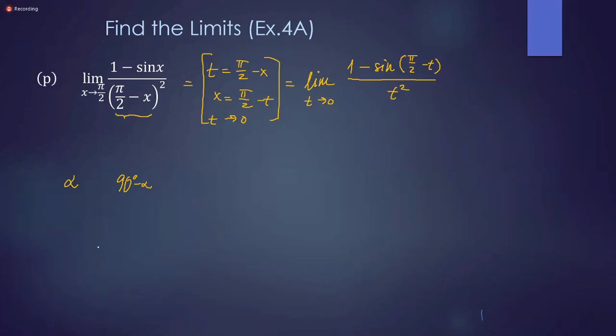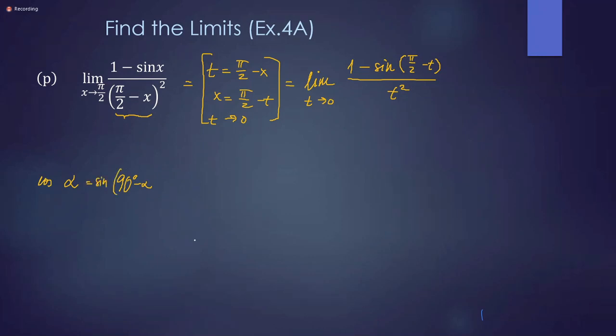I can say that cosine of angle alpha is the same as sine of the complementary angle in the triangle. And so we have 1 minus cosine t divided by t squared.